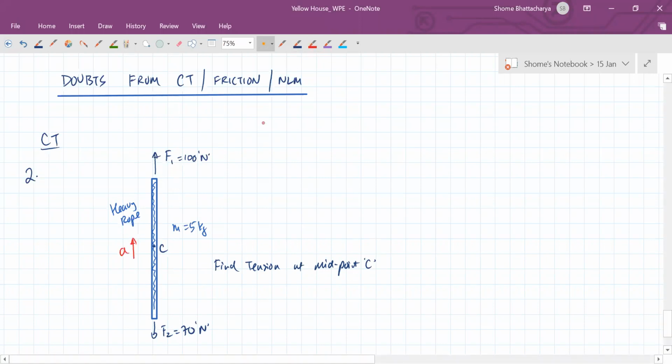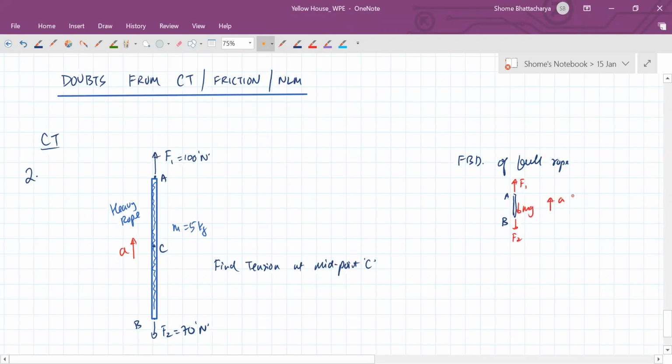Okay, so what we'll do here is we'll first make the free body diagram of the entire rope and understand its acceleration. So FBD of the full rope. Let's say this end is A, this end is B. Just imagine, on the full rope, the forces which are acting are F1, F2, and the weight.